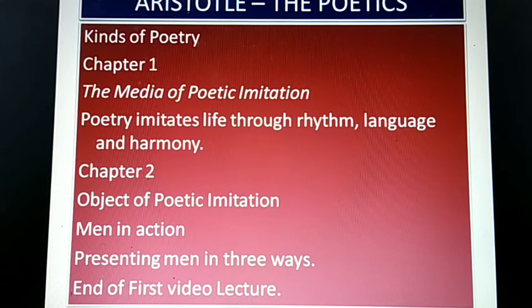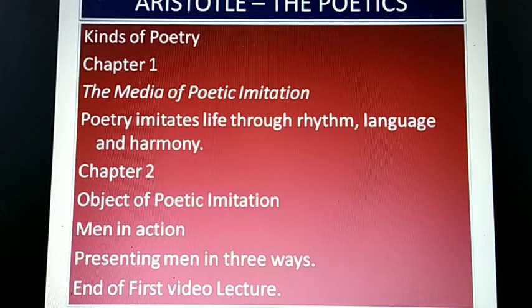Tragedy and comedy use these media separately, one after another. So these are some of the ideas that Aristotle speaks about in the first chapter of the Poetics. And now we move on to the second chapter.